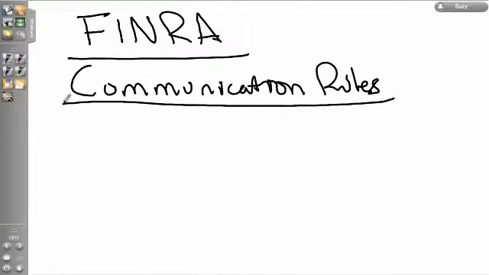So this is relatively new. If you've heard something else described a different way, that's probably the old rule. You want to always know the newest rules to pass your test. So FINRA Rule 2210, we're going to do 2212 through 2216. So there's a lot of rules included within these FINRA communication rules.